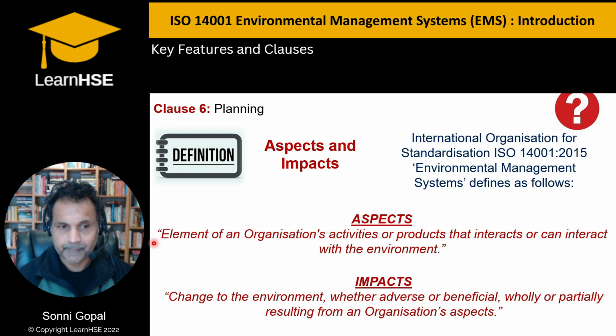An impact is where there's a change to the environment, whether adverse or beneficial, wholly or partially resulting from the organization's aspects. See how those two are very connected together, and here we're not just talking about negative impacts but also positive impacts. It's important to understand that there are positive gains that we can get from specific aspects.